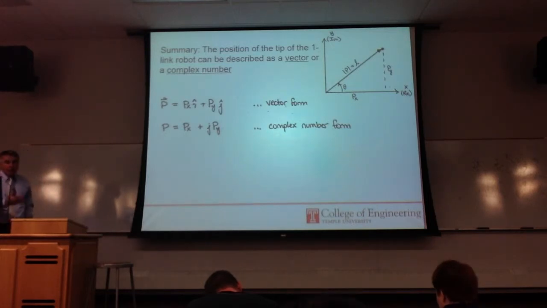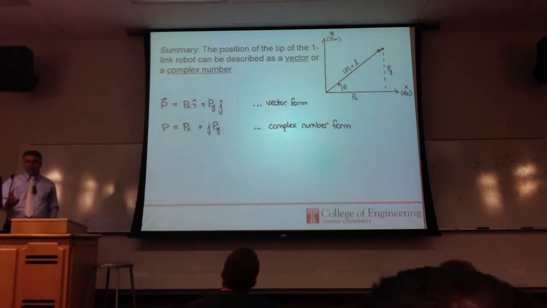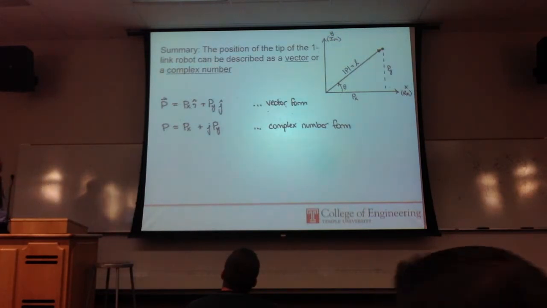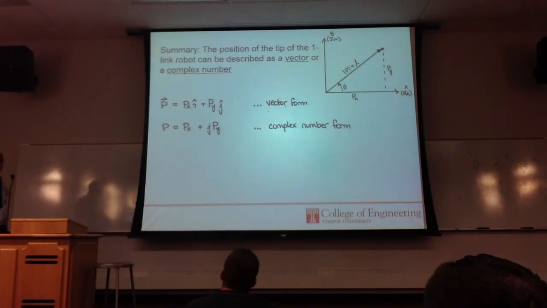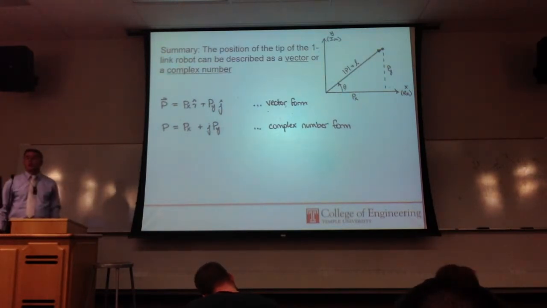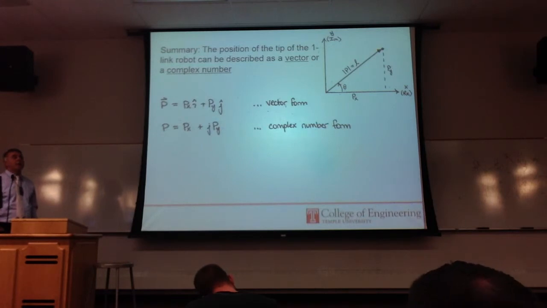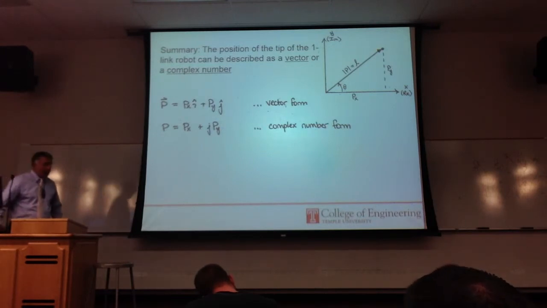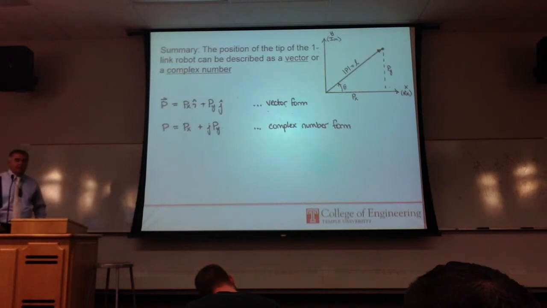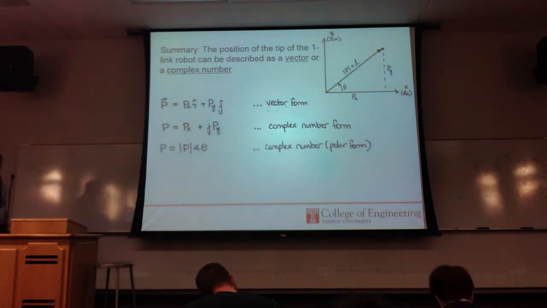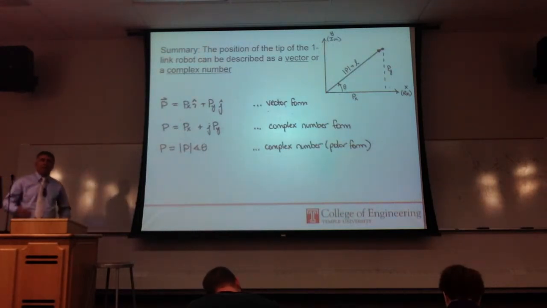So, if I want to use it as a complex number and show it in a polar form, what do I do? Right, magnitude of P, angle theta, which is the same as absolute, but a lot of people do not know absolute numbers.